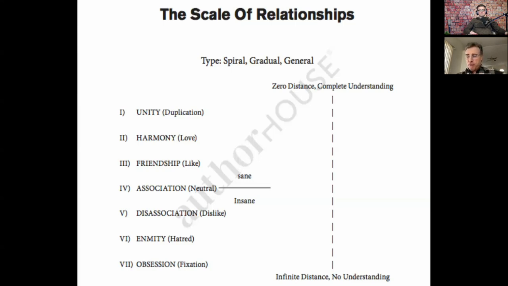So there was tremendous understanding, very little distance between us. So we were almost like two versions of the same person, really closer than many siblings are. Because there's lots of siblings who are not close at all.